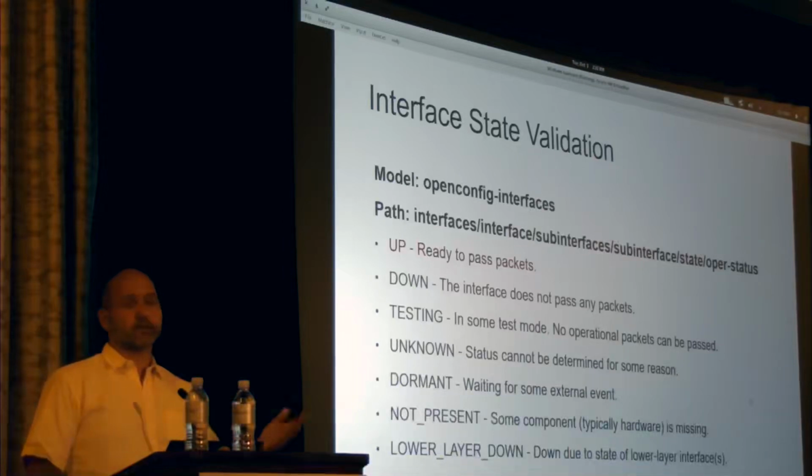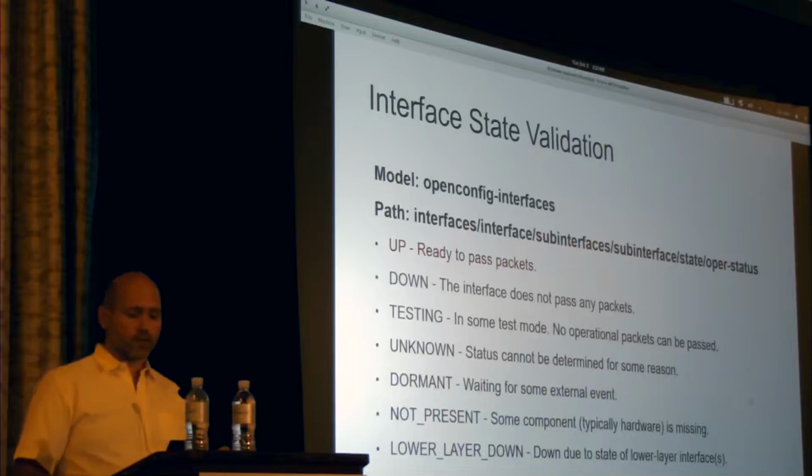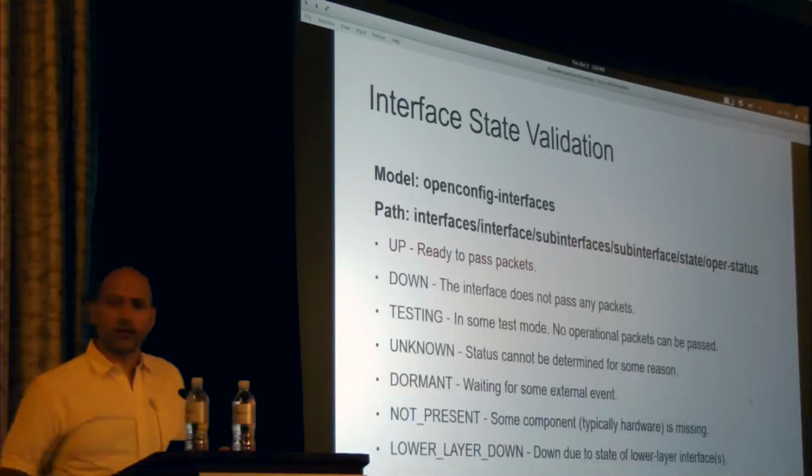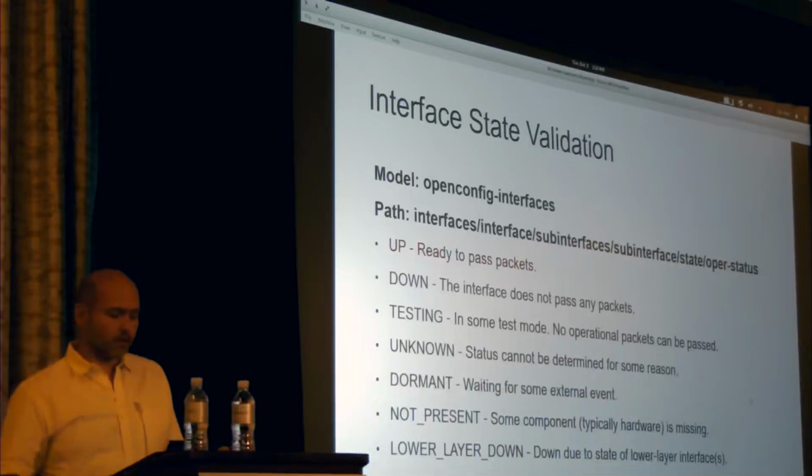So it's way more structured than syslog, and way more compact than text-based. If you're not familiar with telemetry, I highly recommend you take a look at it. It's a much better way of monitoring your network device in real time.